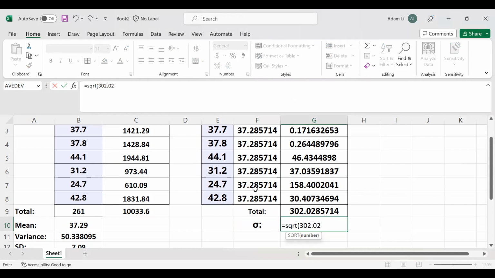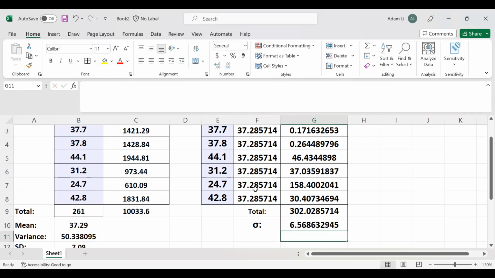So 0.2855714. The more decimals, the better. Divide by 7, and that should give us the accurate answer. If you enter it, you get 6.57. That's the population standard deviation, 6.57. We only round it at the end.